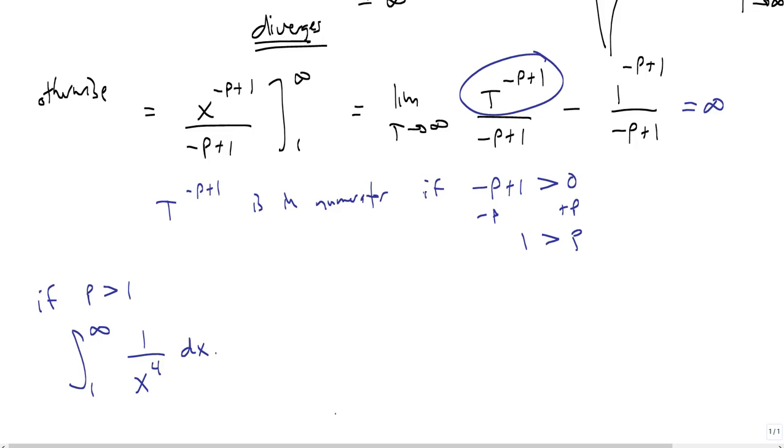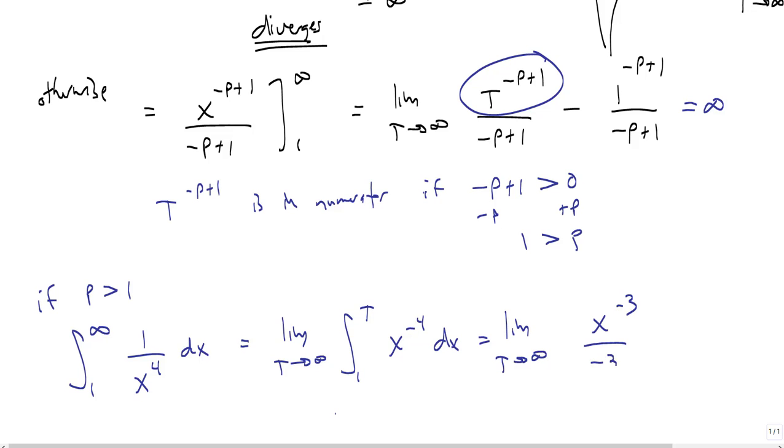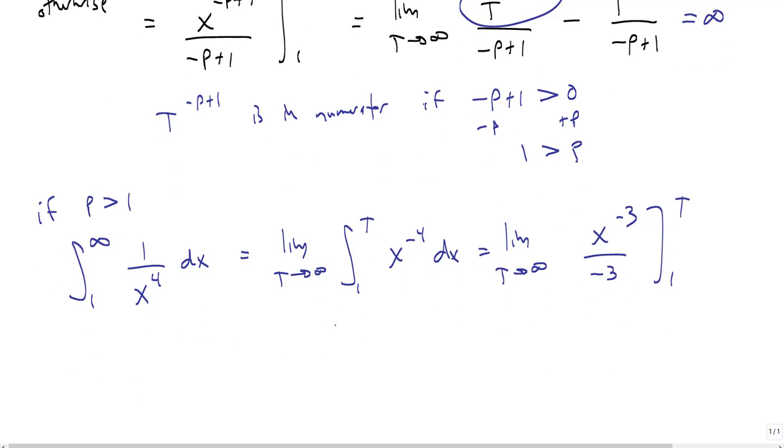This is the limit as t goes to infinity of the integral from 1 to t of x to the negative 4 dx. This is the limit as t goes to infinity of x to the negative 3 over negative 3, evaluated from 1 to t. This is what I mean by it's not really in the numerator. We have the limit as t goes to infinity of t to the negative 3 over negative 3, minus 1 to the negative 3 over negative 3.